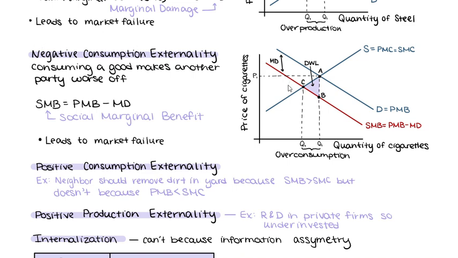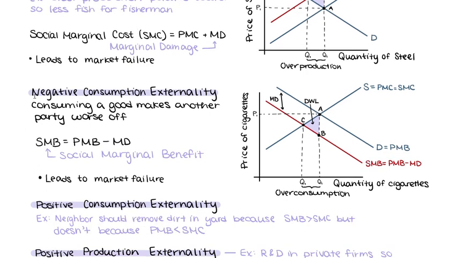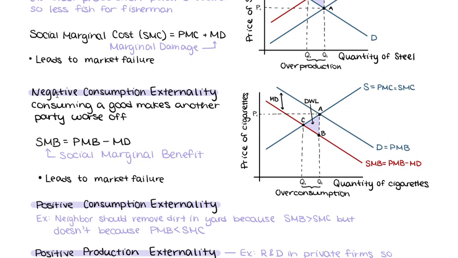Okay, what about the consumption part? We have negative production externality. We also have negative consumption externality. It's when consuming a good makes another party worse off.